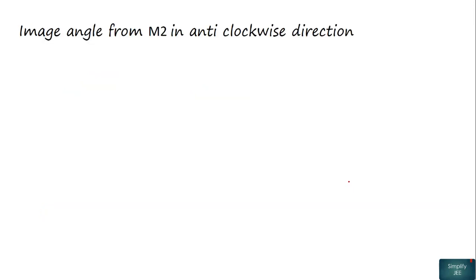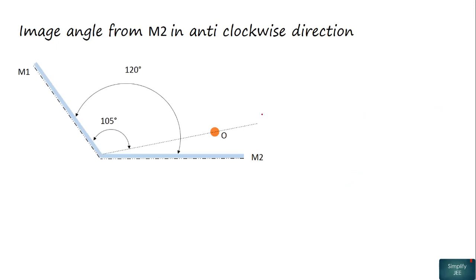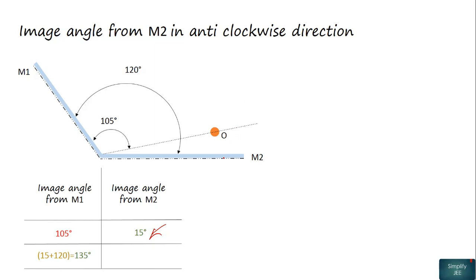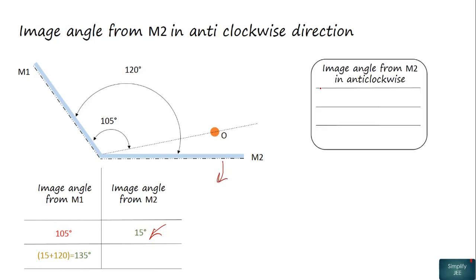Now to get the image angle from M2 in anti-clockwise direction, here we can see in this figure that the image from M2 is formed in clockwise direction. Hence, to get this image in anti-clockwise direction, let's subtract 15 degrees from 360 degrees. Here we have 345 degrees as anti-clockwise inclination of this image from mirror M2. And from M1 all the images will be formed in anti-clockwise direction.